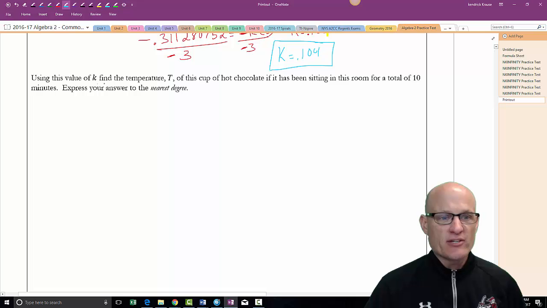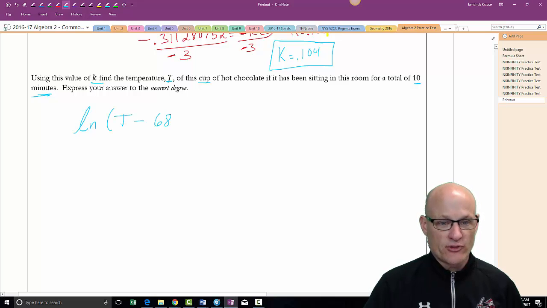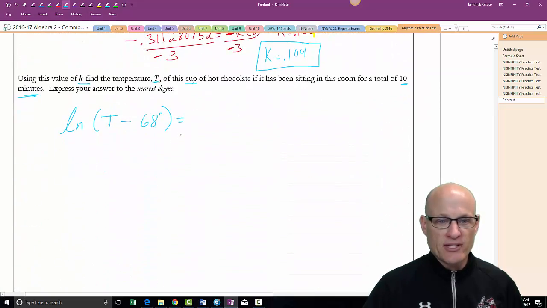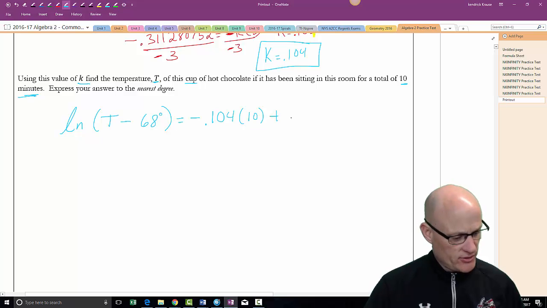All right. Using this value of K, find the temperature T of this cup of hot chocolate after it's been sitting in there for 10 minutes. So the natural log of T minus T0, the room temperature is still 68 degrees, is equal to negative K, negative 0.104 times 10 plus 4.718.